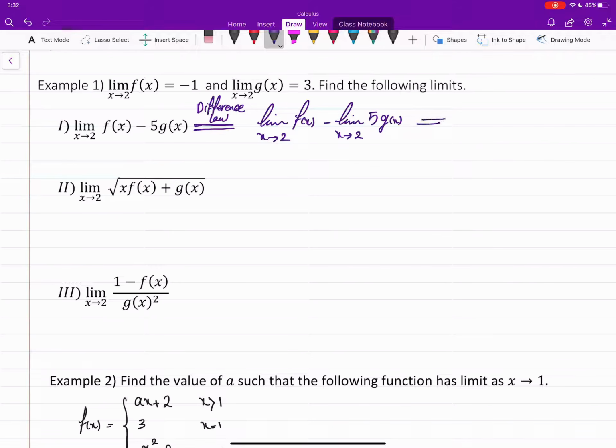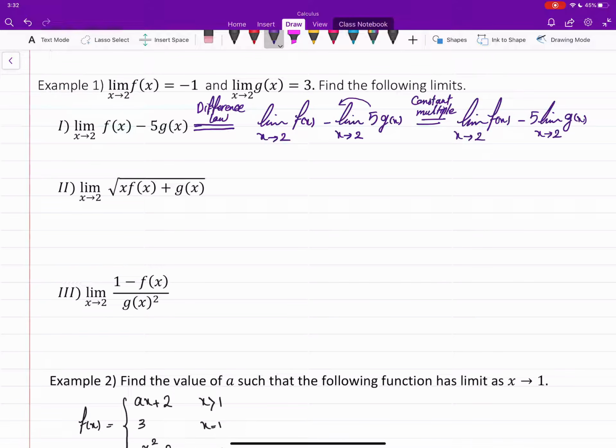Then for the second part, we can take this constant out of the limit. This is called the constant multiple law. So we have the limit of f(x) as x approaches 2 minus 5 times the limit of g(x) as x approaches 2.